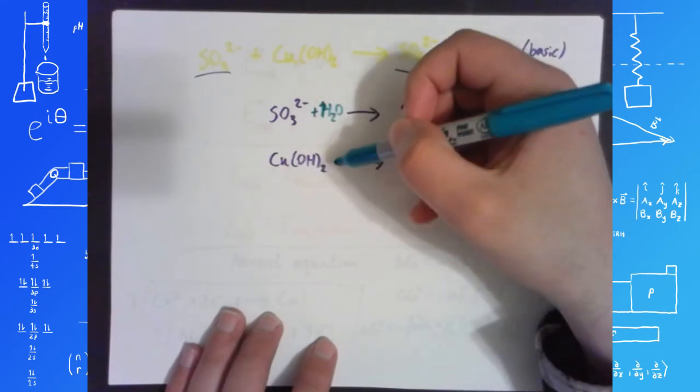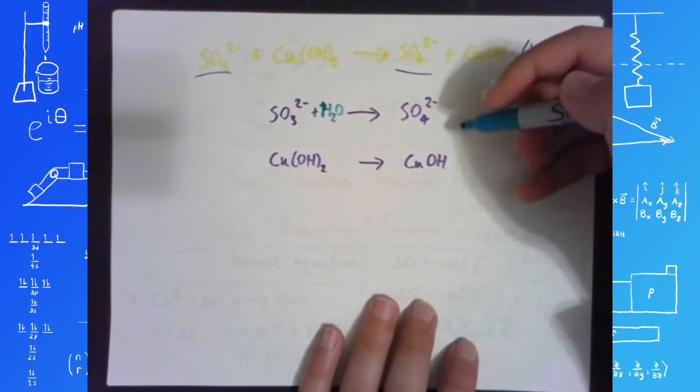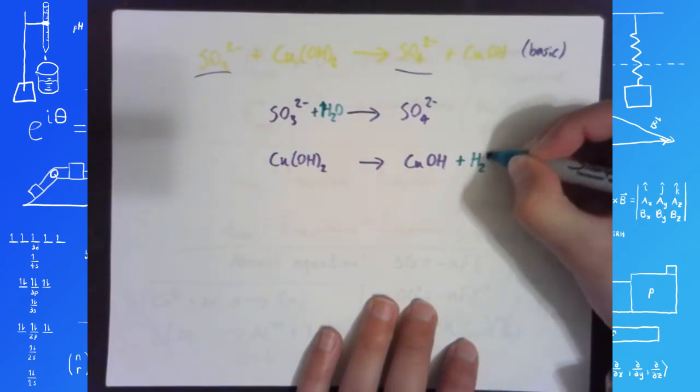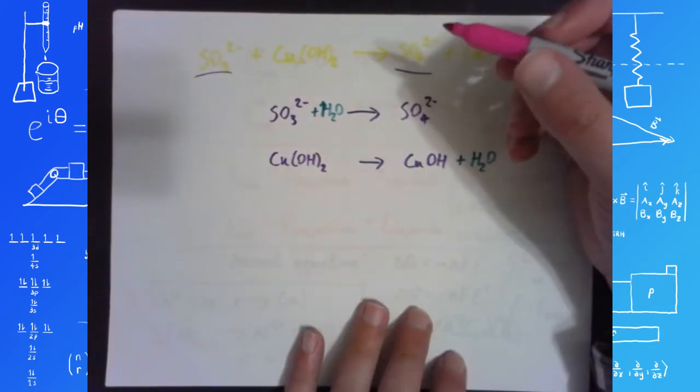For copper 2 hydroxide, that's 2 oxygens. Copper 1 hydroxide just has 1 oxygen. So add 1 water here to get the oxygens balanced. After balancing oxygens, balance hydrogens with hydrogen ion. Even though it's a basic solution, we can pretend it's acidic and then we'll neutralize the hydrogen ions later.